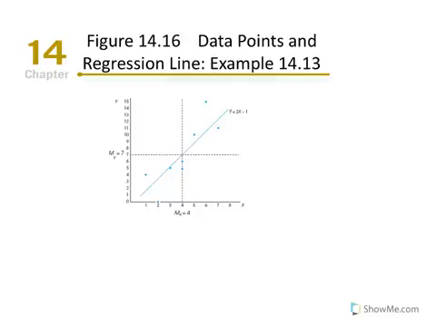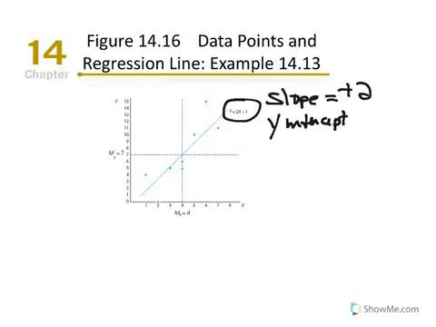And here we have our regression equation, and we can understand from this equation that the slope is equal to positive 2, and we see that visually. There's a positive slope upward trend of this relationship, and our y-intercept is equal to negative 1, which is again indicating the value of y when x equals 0.